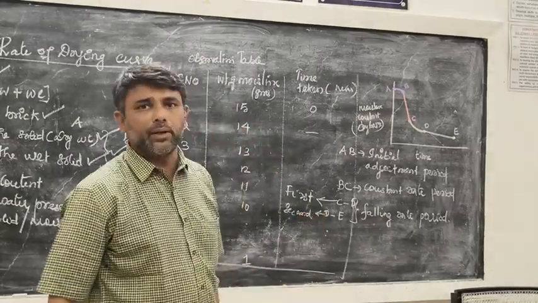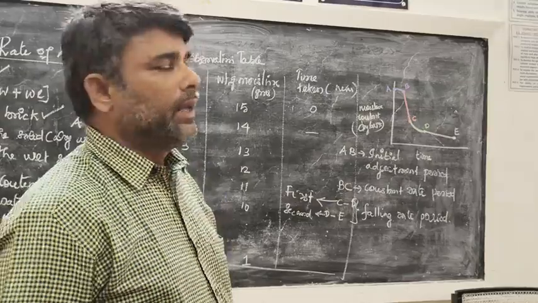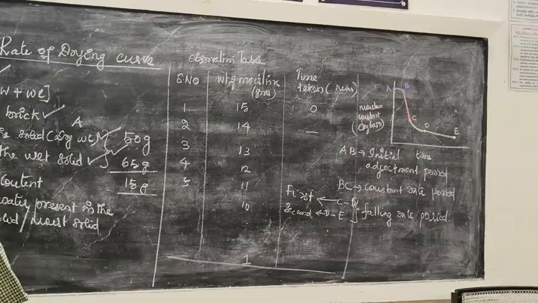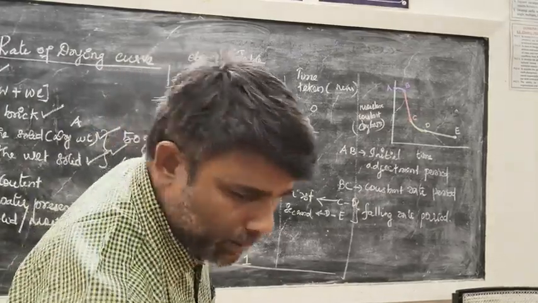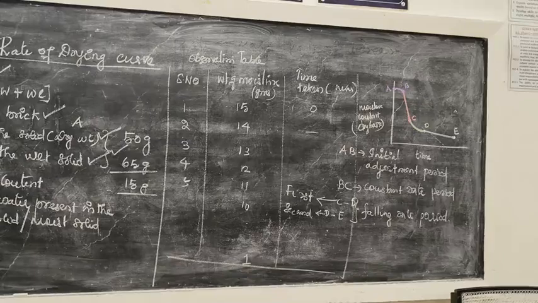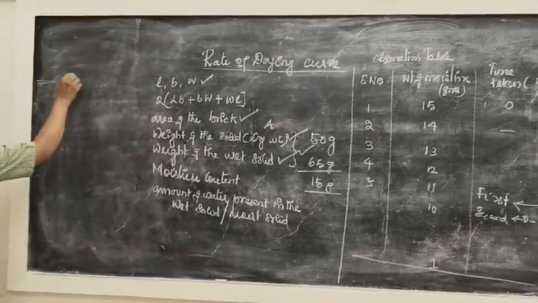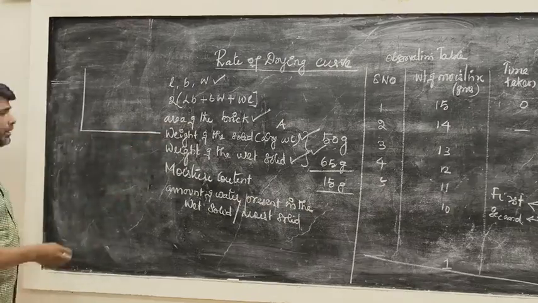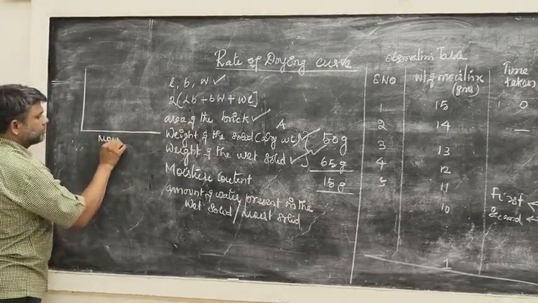For better explanation, I am going to draw the rate of drying curve against moisture content. Make a plot. On the x-axis, take moisture content.